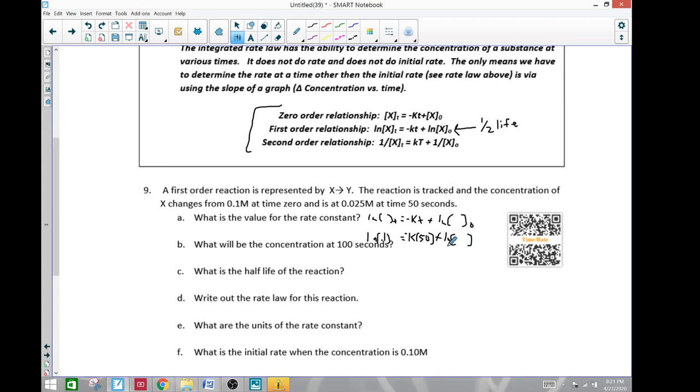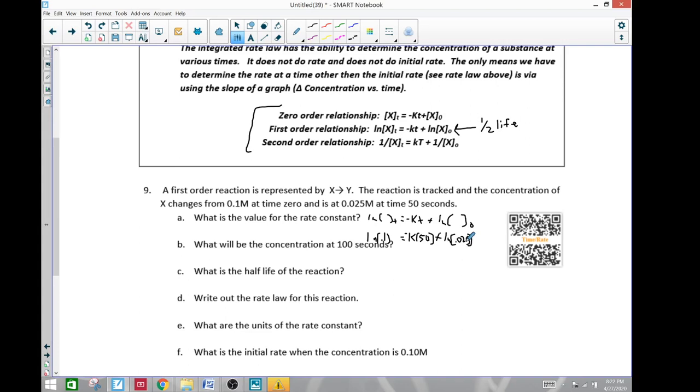Now this one here is 0.025. All right, so the natural log of, say, 0.1 is negative 0.23 minus the natural log of 0.025, and I got 1.38, and then I'm going to divide out by 50, and negative 50.